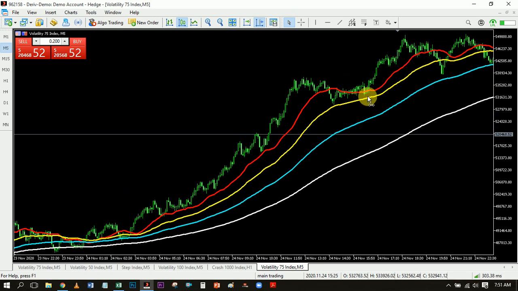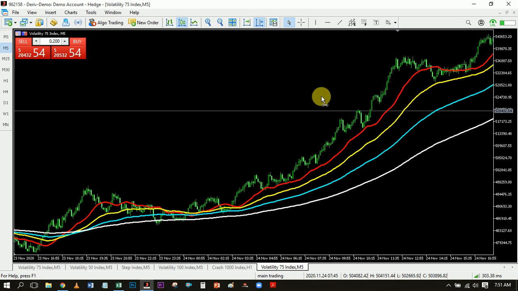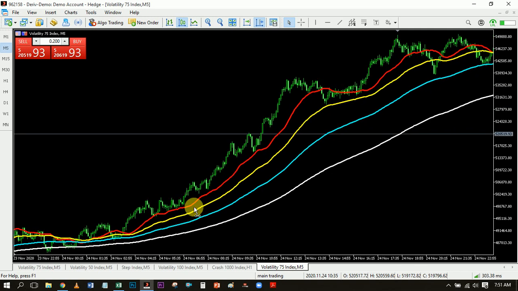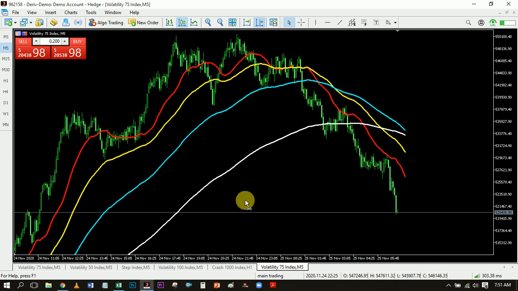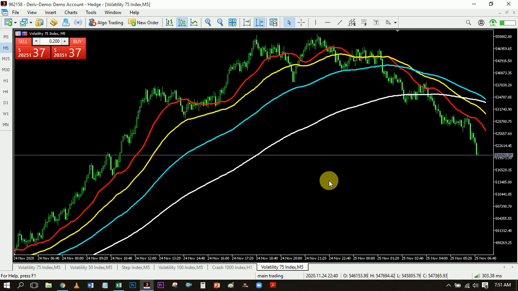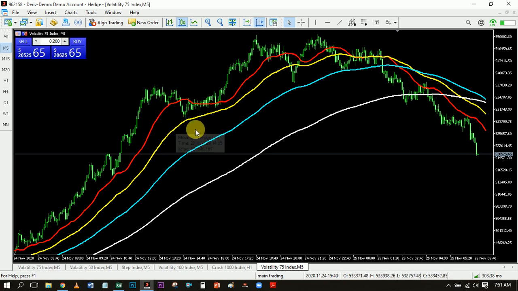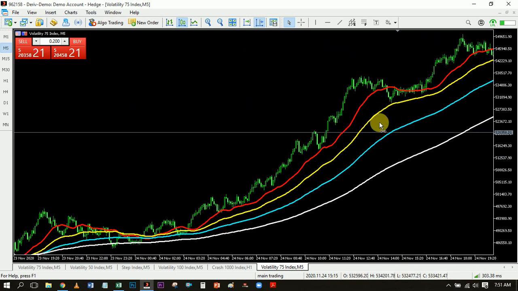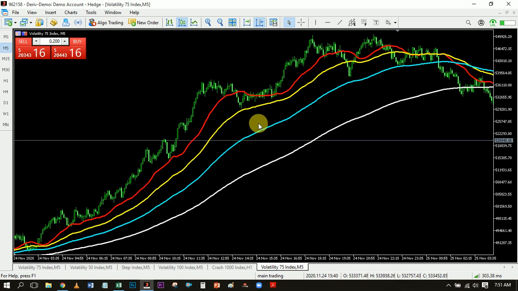So which other one can I look at to show you? Okay, so you just need to have a good understanding of all this, and it's going to make trading very easy for you. So first of all, you can use the moving averages to know when a trend has started, and you can also use it as support and resistance to know when the trend is going to continue.